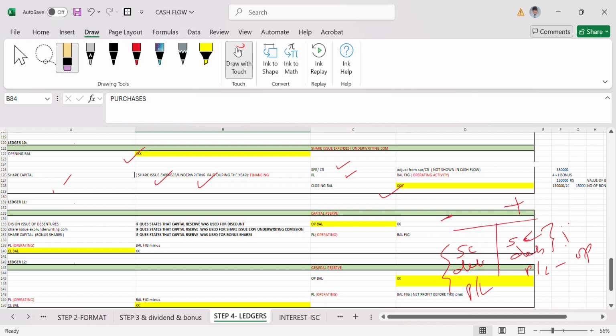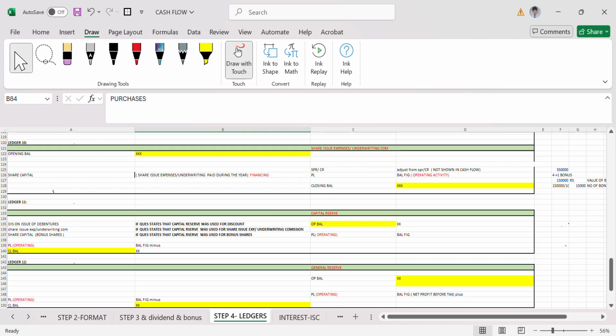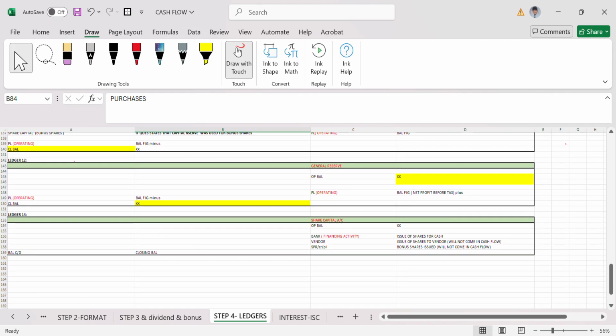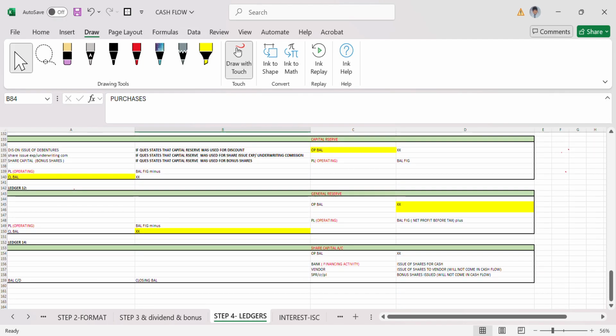Just like you prepare share premium account, in the same manner you might be asked to prepare capital reserve account. So if in the question you have capital reserve, then you need to prepare the capital reserve ledger account. How do you prepare the capital reserve ledger account?